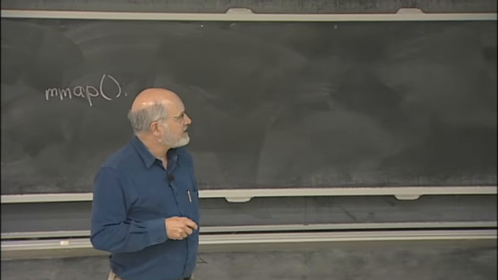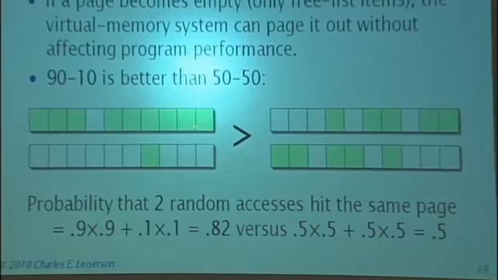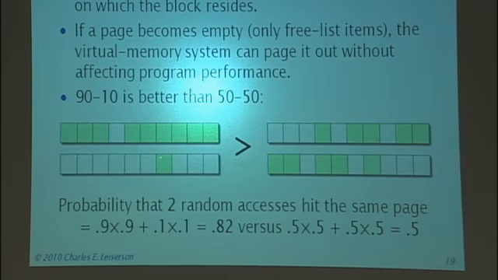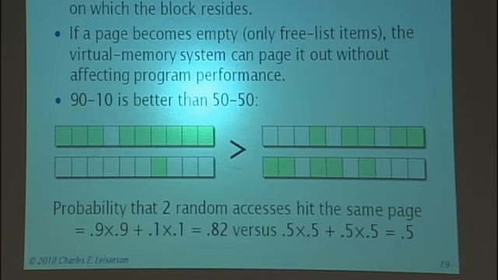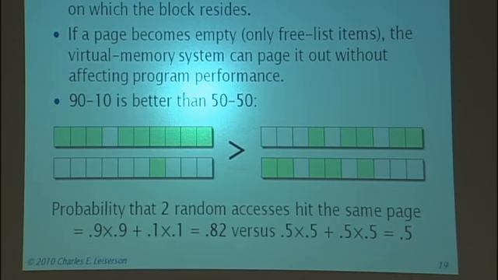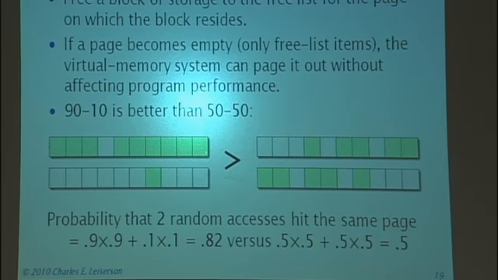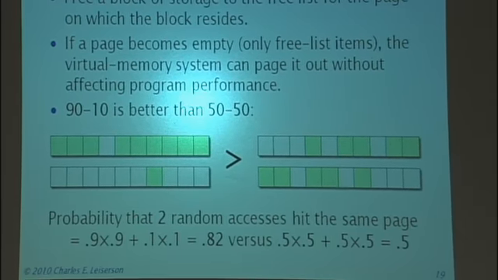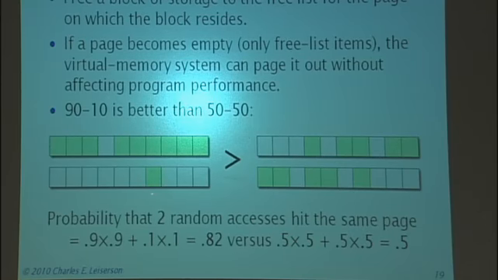Okay? So why is that? So if you have 90% of your storage on one page and 10% on another, let's say we only have 2 pages in our system, and 90% of the objects are on one page and 10% of the objects are on the other page, versus that they're 50-50, then what you can do is look at the probability that 2 accesses are going to go to the same page.